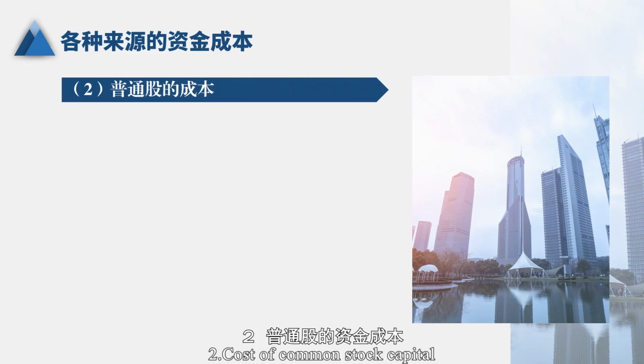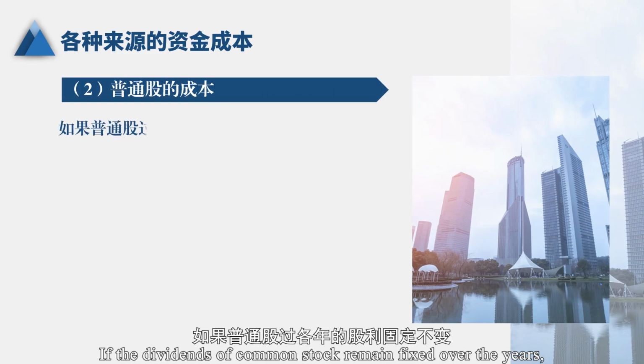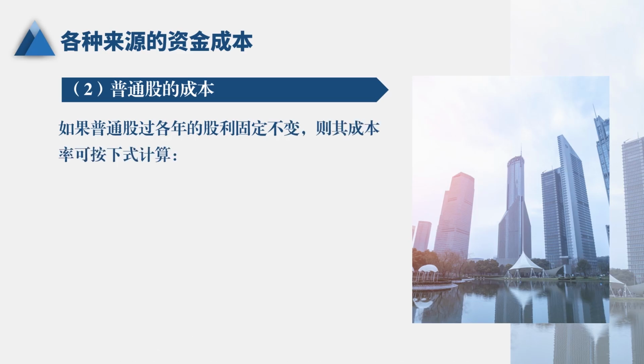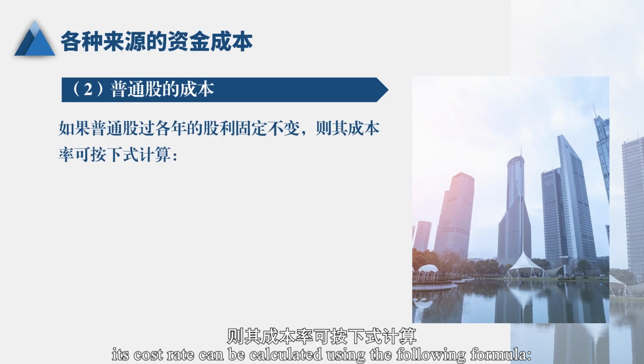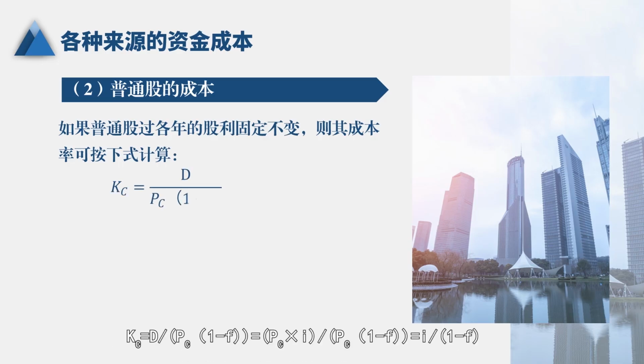Second, cost of common stock capital. If the dividends of common stock remain fixed over the years, its cost rate can be calculated using the following formula. K_C equals D over P_C multiplied by (1 minus f) equals P_C multiplied by i over P_C multiplied by (1 minus f) equals i over 1 minus f.